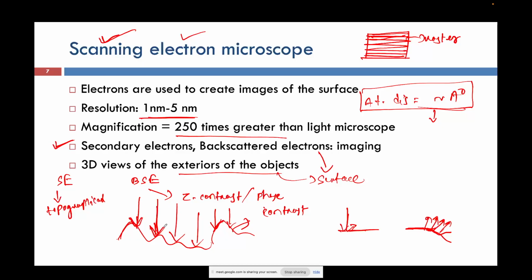Since my fracture surface will have many valleys and hills, it is a hilly kind of structure, that is why the secondary electrons are used for this fractography study.